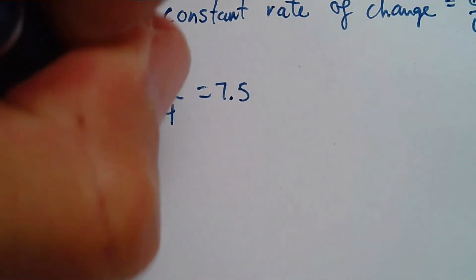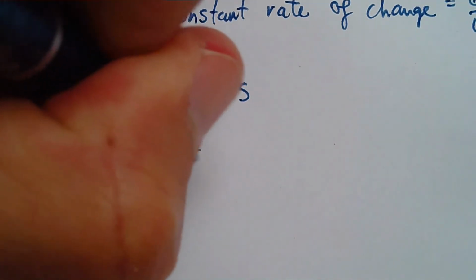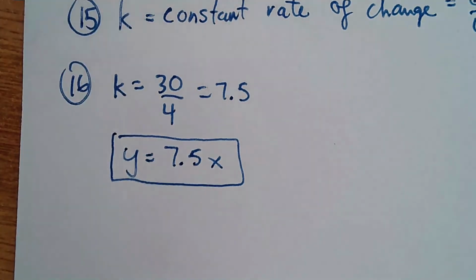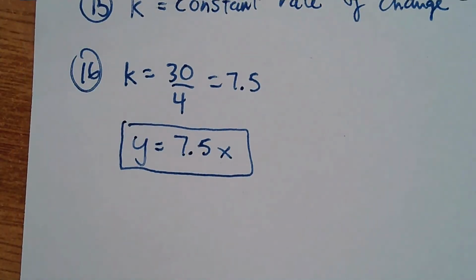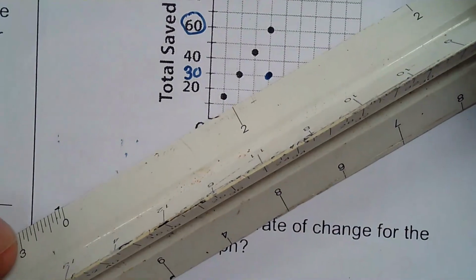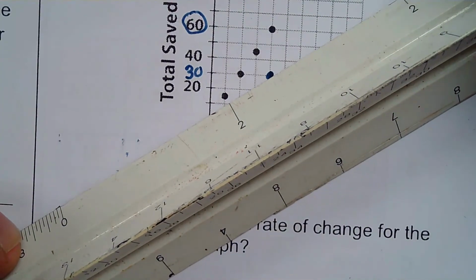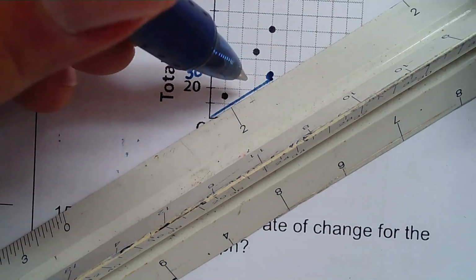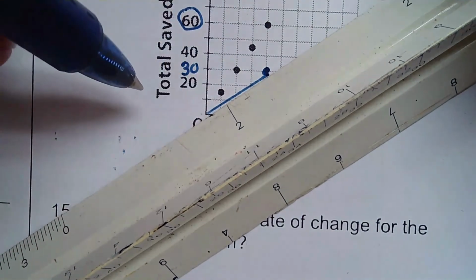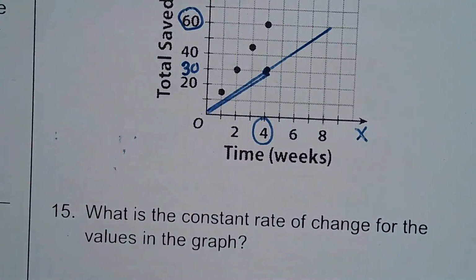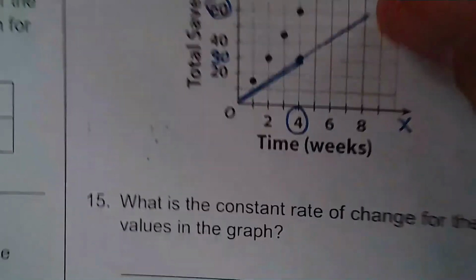So our equation is y equals 7.5 times x. There's our equation. Now draw the line, and it really is as easy as it goes through the origin, and it's right there. Oops, kind of messed up. There, that's it.